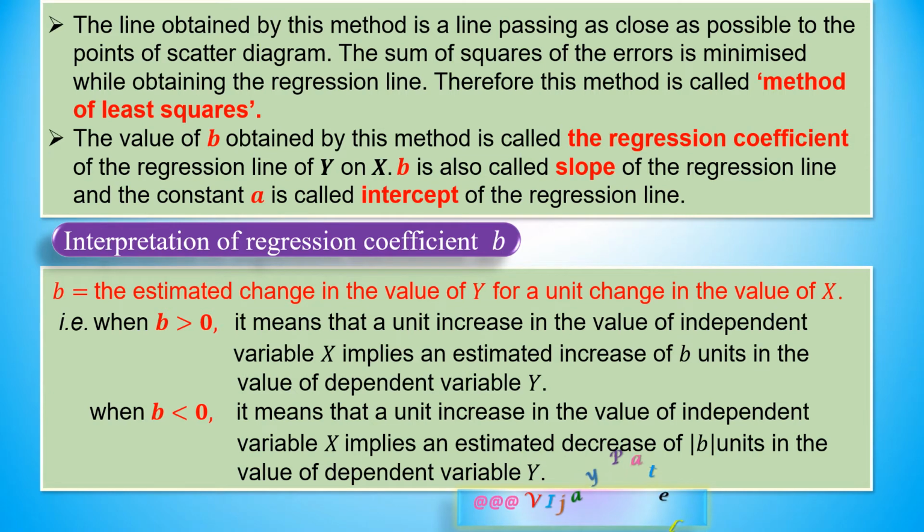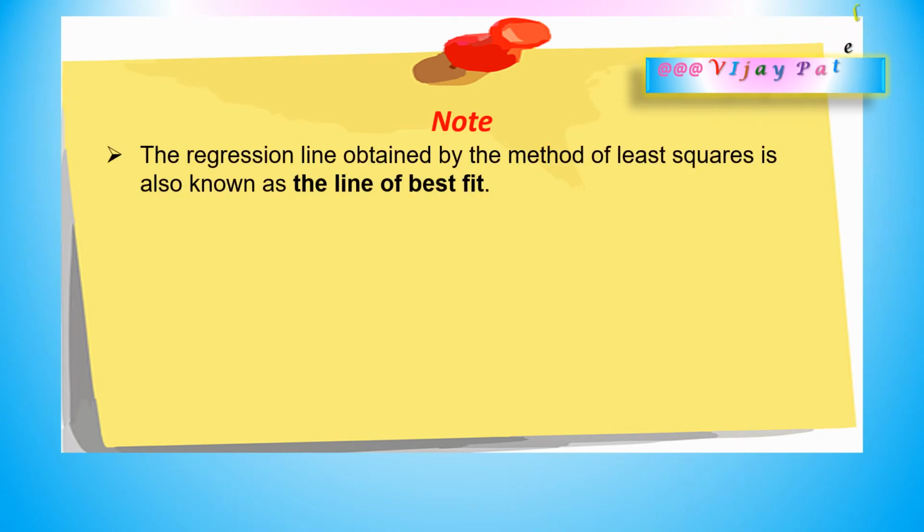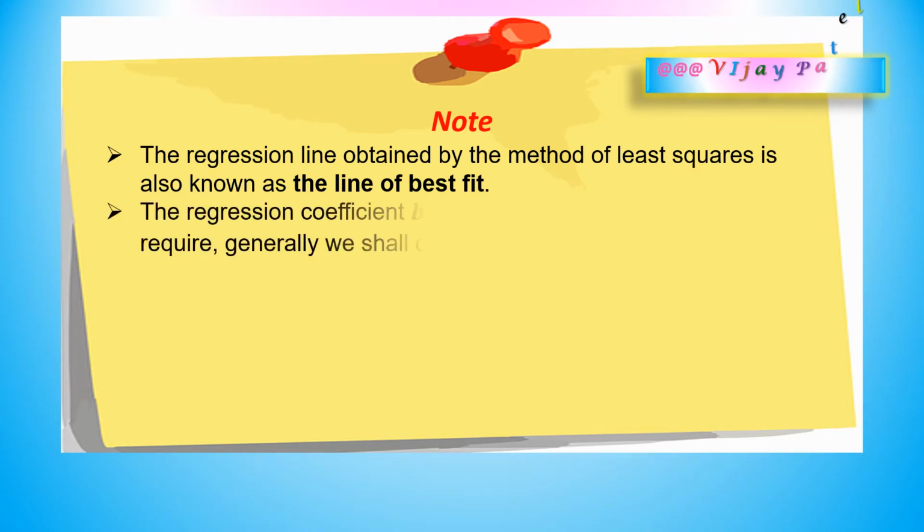Suppose b is minus 4, then the estimated value of y variable decreases by 4 units. Note: the regression line obtained by the method of least squares is also known as the line of best fit.